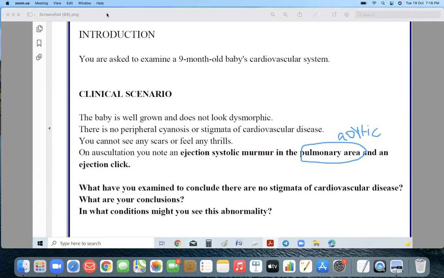Describe the volume and character, doctor. Low volume, and character is normal. Okay. Then I will raise the hands of the child up in the air to check for any collapsing pulse. No, no.